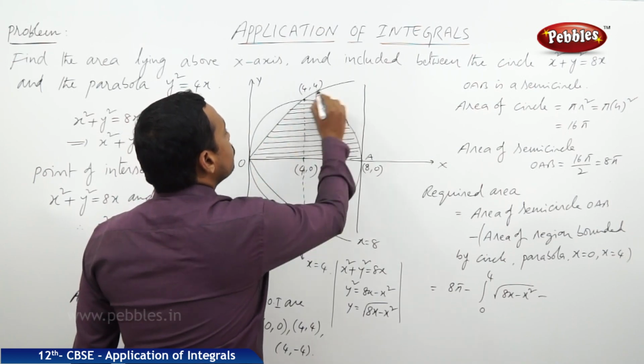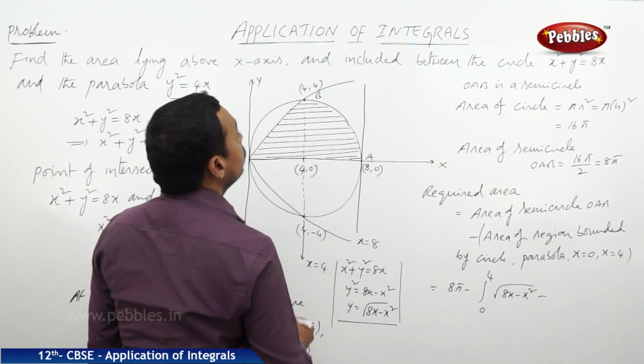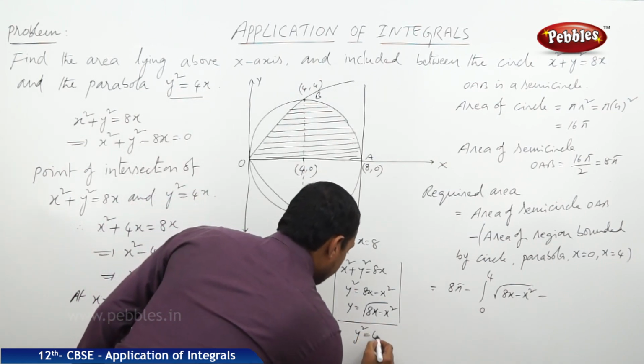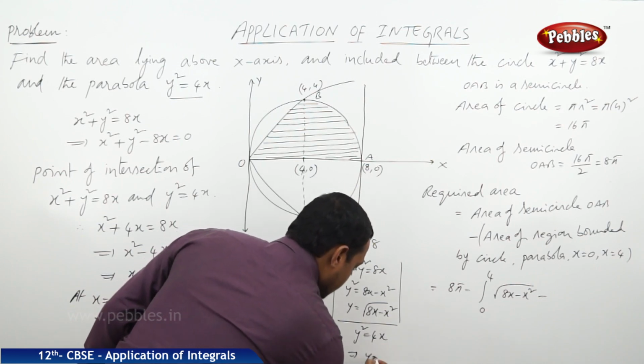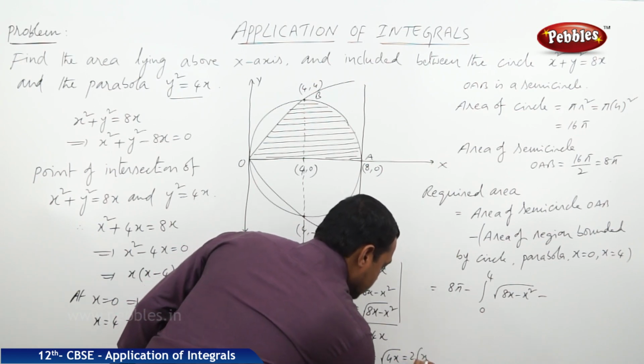Here the lower curve is what? It is the parabola, y square is equal to 4x. From this, y is equal to root 4x, that is equal to 2 root x.